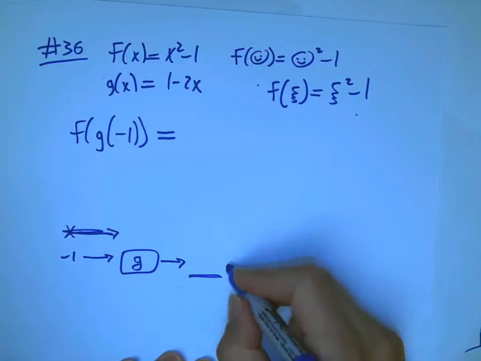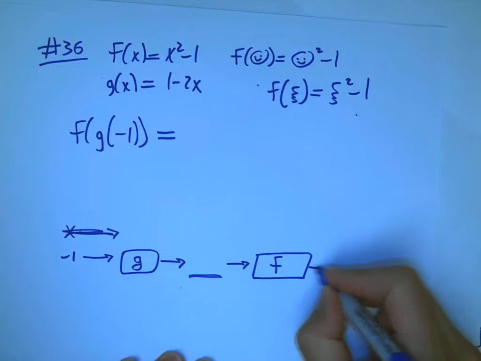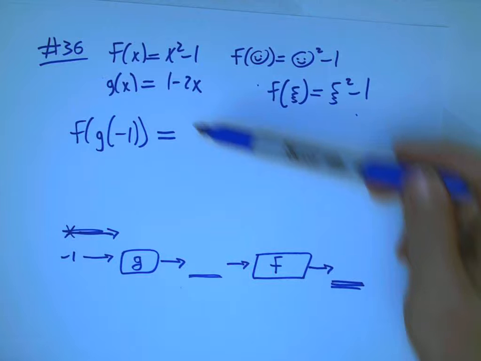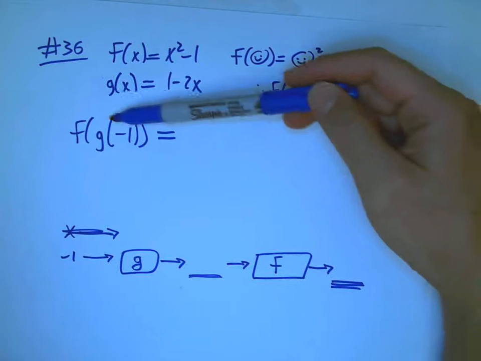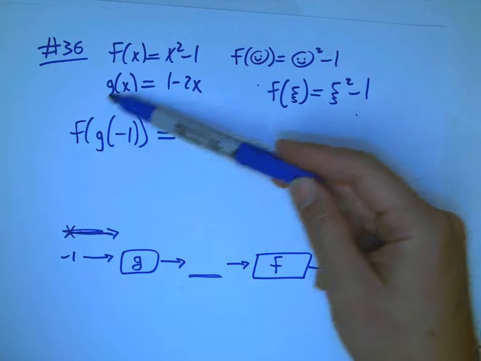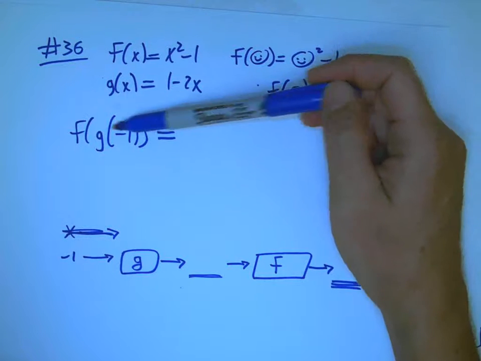It's going to spit out some output. We're going to put that in that box right there, and then we're going to stick that into the f machine, and then we're going to get the final output. It's a two-stage process. So it's called composing functions with each other. But we don't need to have the official name for it. We just have to use the basic definitions of functions.